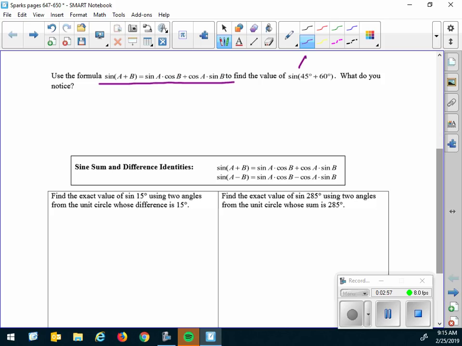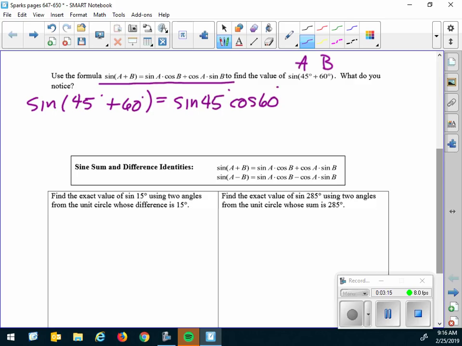So what we've got here, we're going to let 45 degrees be a and 60 degrees be b. So the sine of 45 degrees plus 60 degrees equals sine of 45 degrees times cosine of 60 degrees plus the cosine of 45 degrees times the sine of 60 degrees.